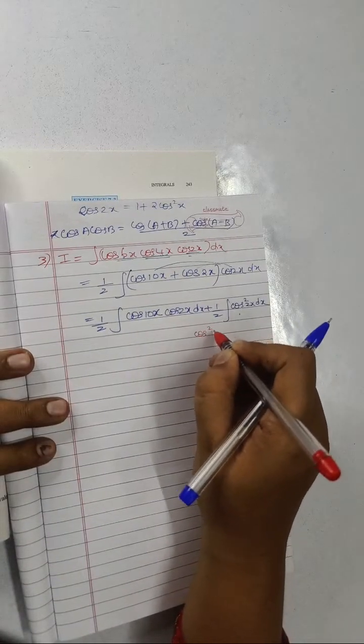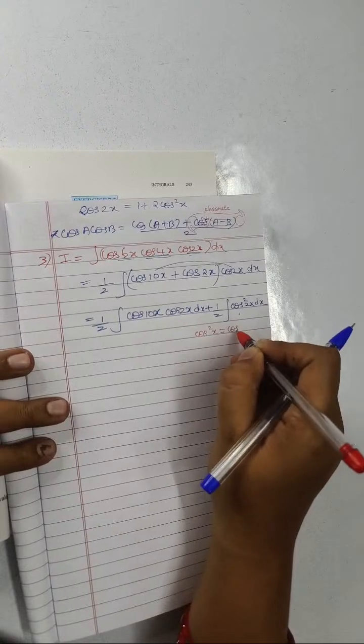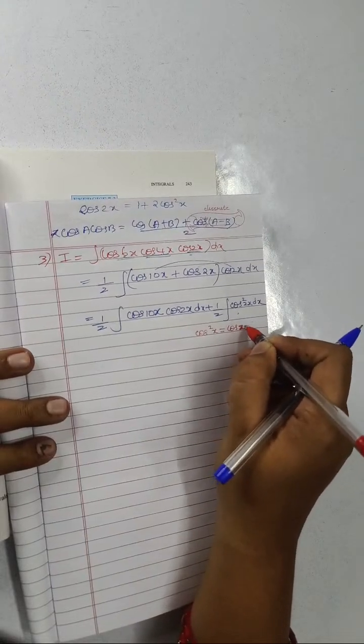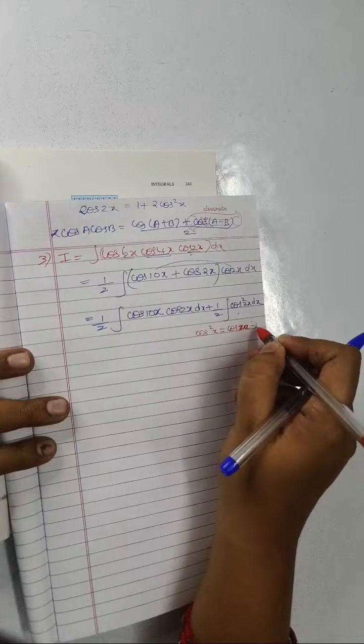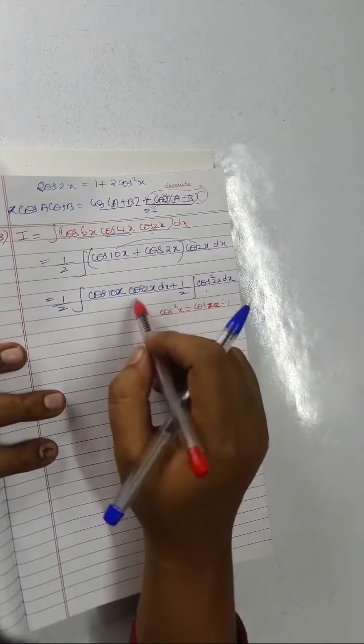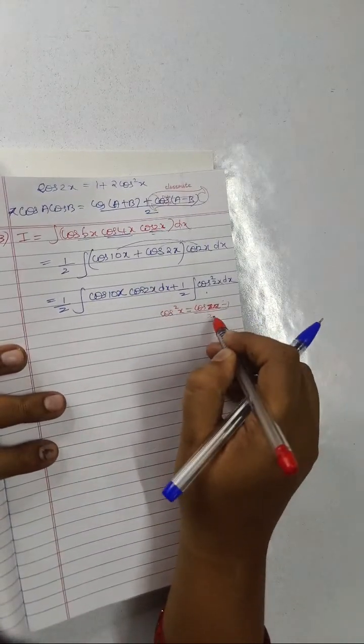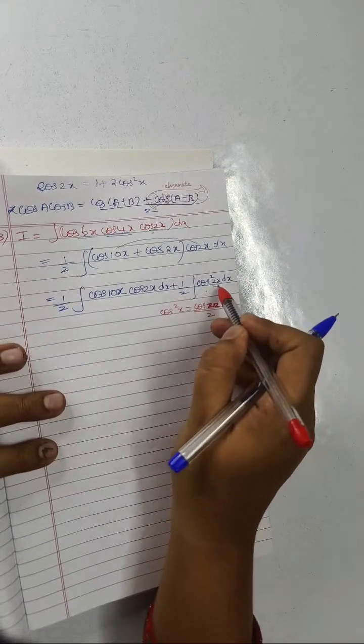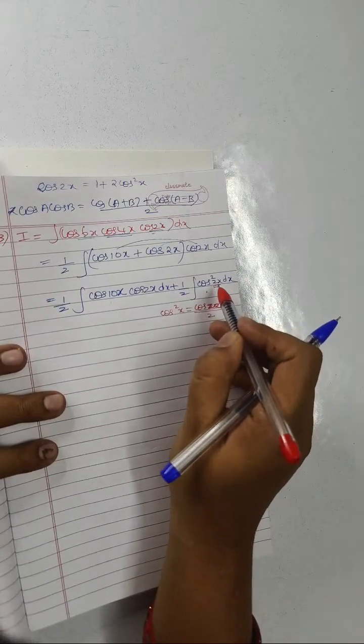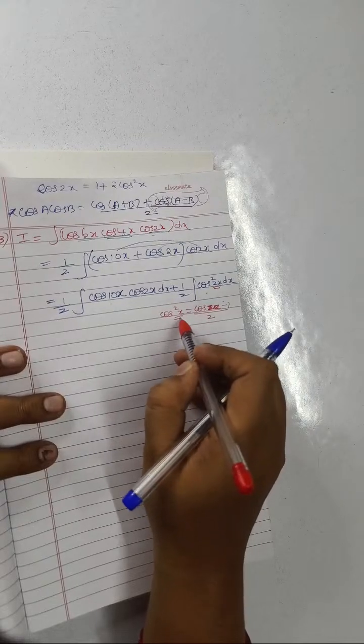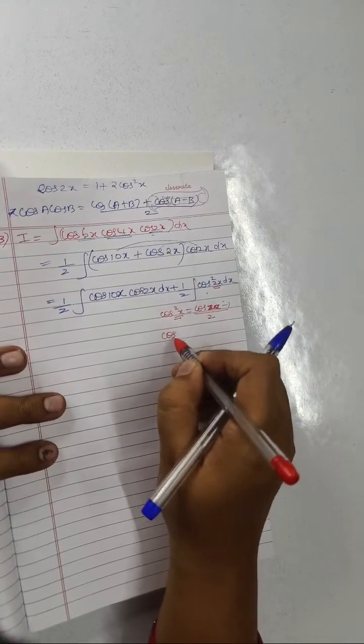So cos square x can be written as cos 2x plus 1, the whole by 2. But you have to see here that it is already 2x, but here you have cos square x. So what do you have to do?